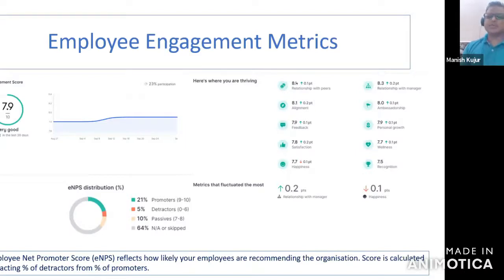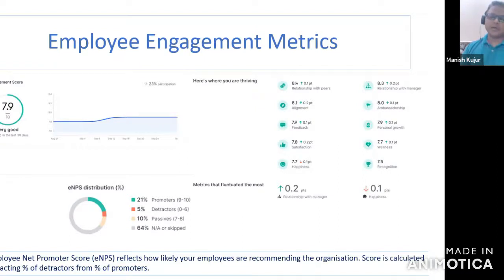You can see here that the relationship with peers is one metric that you can capture. In the slides, I will discuss how you can capture and calculate these metrics and what the criteria would be. So we have relationship with peers, relationship with manager, alignment, ambassadorship, feedback, personal growth within the organization, satisfaction, wellness, recognition, and happiness.